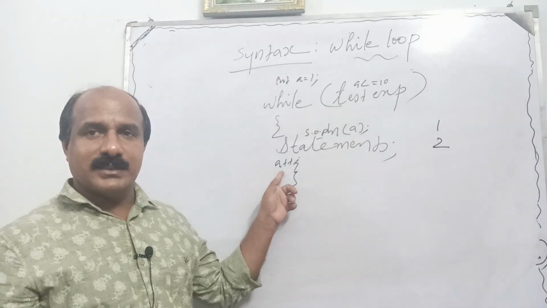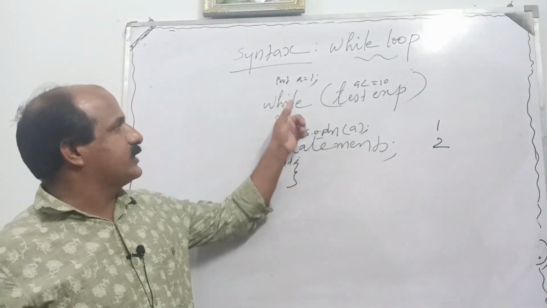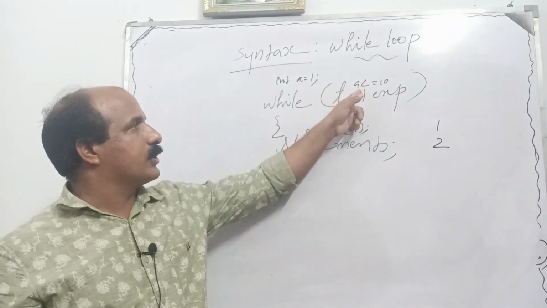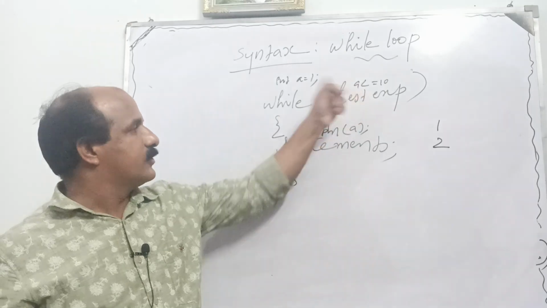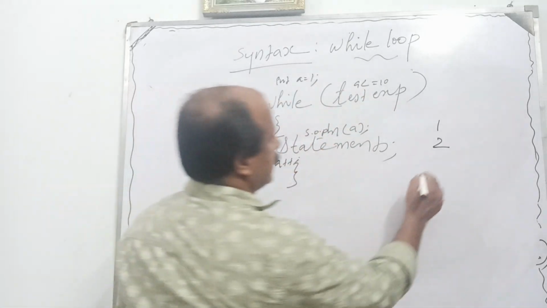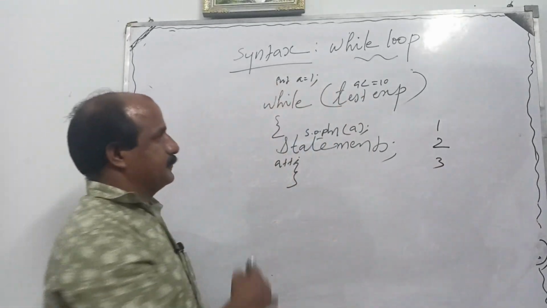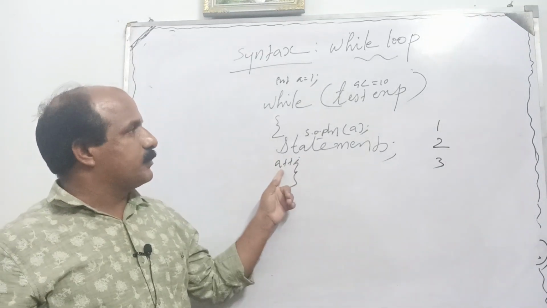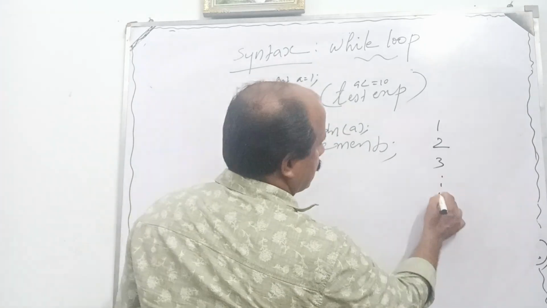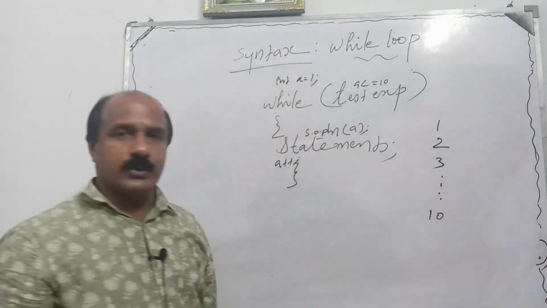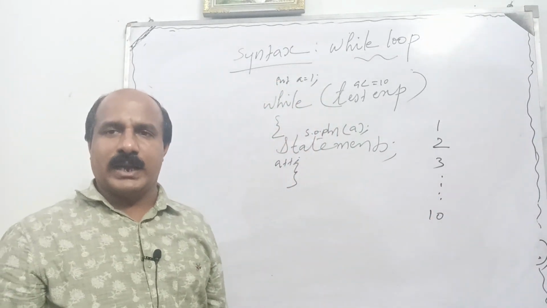A becomes 3. Now checking while 3 less than or equal to 10. 3 is not equal to 10, but it is less than 10. So this will be printed. Now a plus plus, it becomes 4. This way, it will print up to 10. So, this is the while loop.